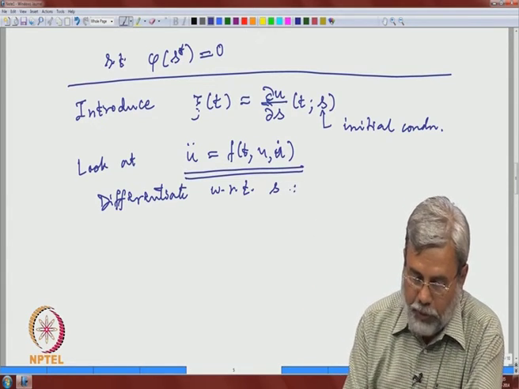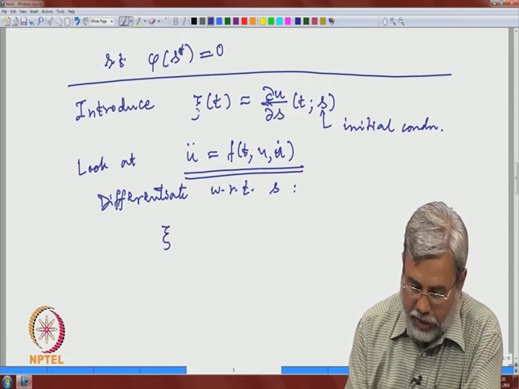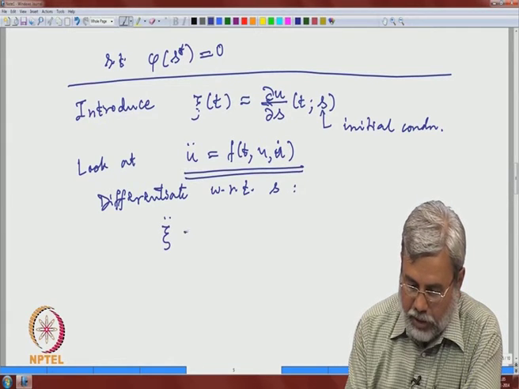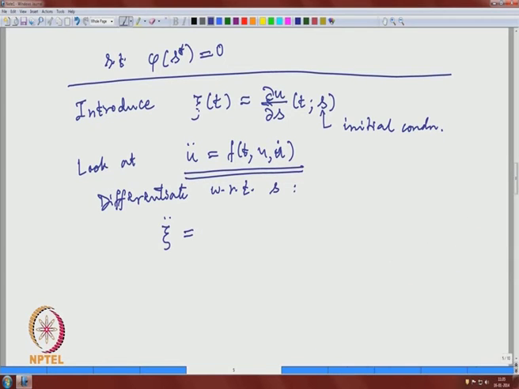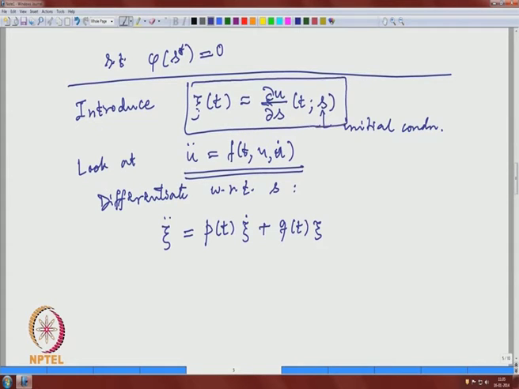Okay. So, if you do that thing, then we get xi double dot equal to, so let me just write it, p of t xi dot plus q of t xi. Okay. So, remember this is xi, the derivative of the solution of the initial value problem with respect to s. So, what is p?